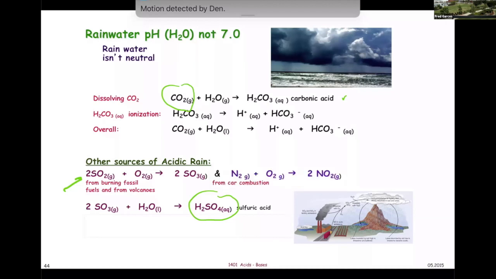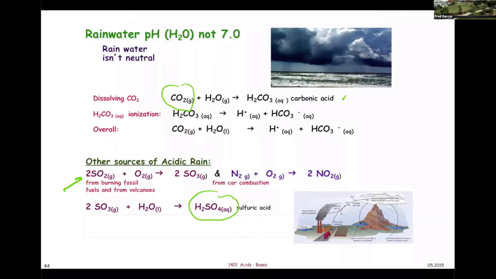Of course, we don't live on the East Coast. We live here in Southern California, where we like to drive cars. Well, why do you think we have smog tests? The reason we have smog tests is because when we burn air to combust our gasoline, air has a high percentage of nitrogen.